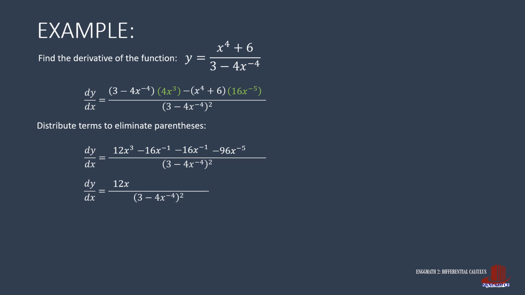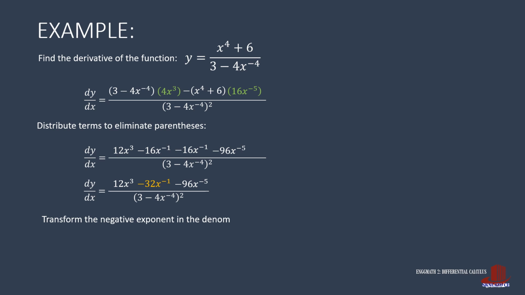Having no more restrictions, collect similar terms. And that is with x raised to negative 1, which provides negative 32x raised to negative 1, from the two terms of negative 16x raised to negative 1.